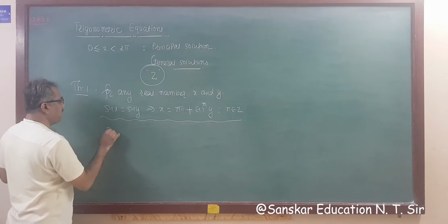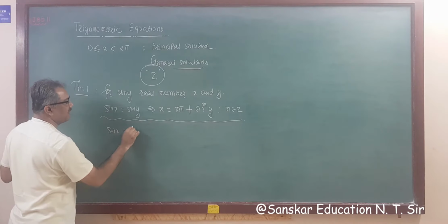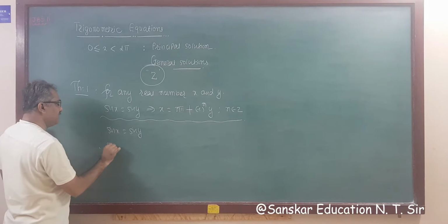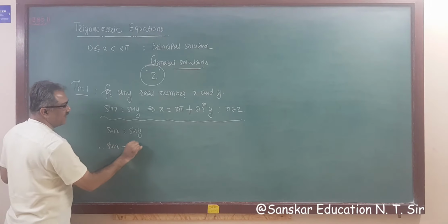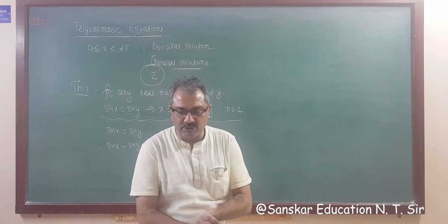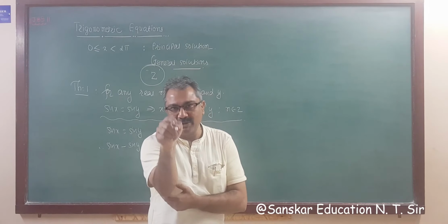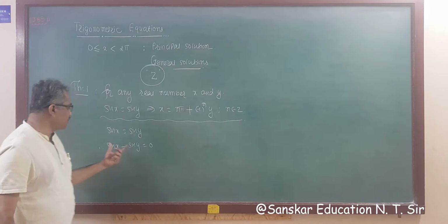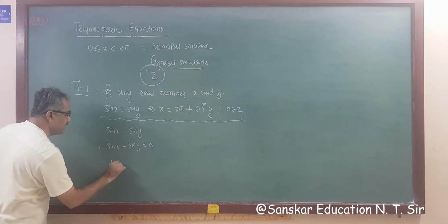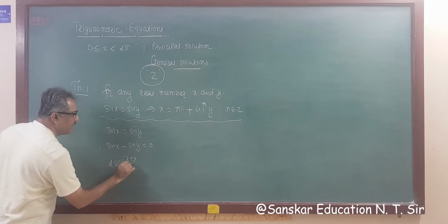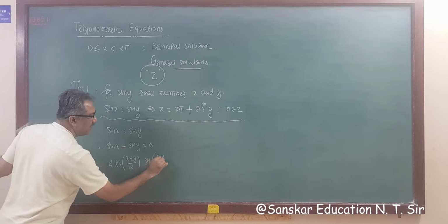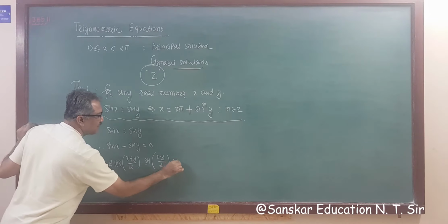So this is given, sin x is equal to sin y. If I take sin y to the left hand side, this becomes sin x minus sin y is equal to 0. We have a formula, sin C minus sin D is 2 cos into sin. So this is 2 cos of (x plus y) by 2 into sin of (x minus y) by 2, equal to 0.